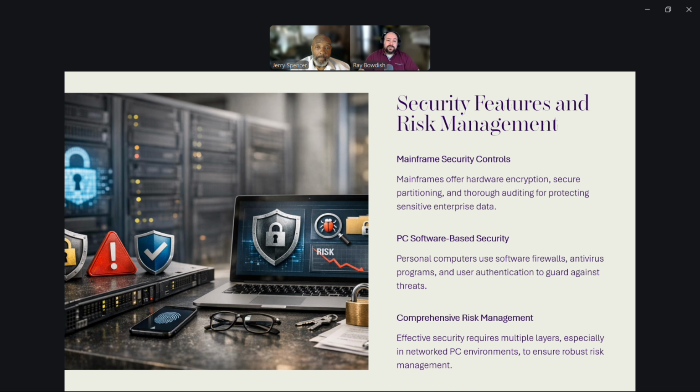So in order to protect against that, there are security products that are very strict about how they operate. You have to have credentials, passwords, but then even past that, you have to be given explicit permission to do certain things on the mainframe.